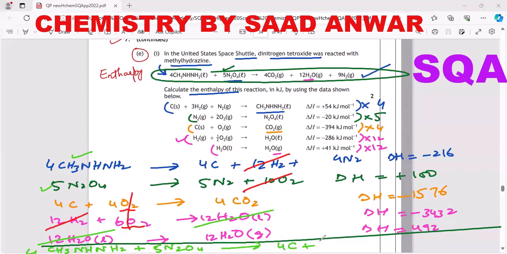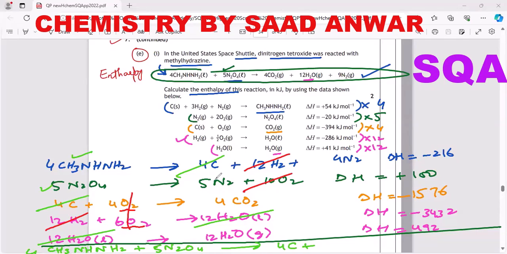Oh, something is wrong here. I need to cancel out this 4 carbon with this 4 carbon, right? So my nitrogen is 5 here. It should be 9.